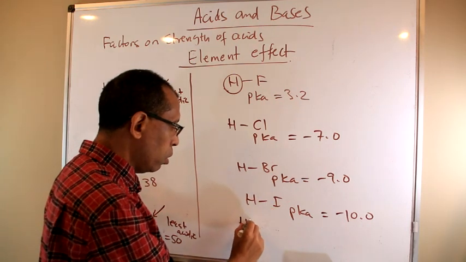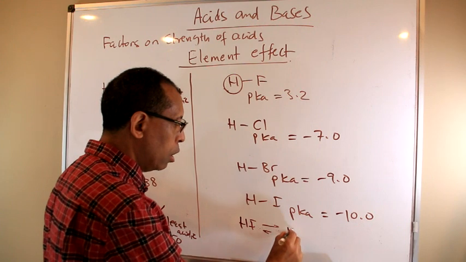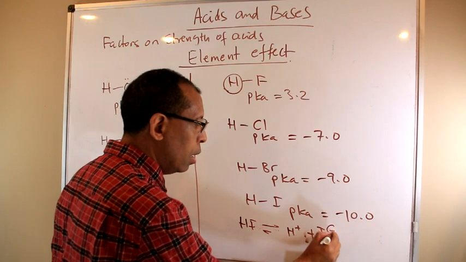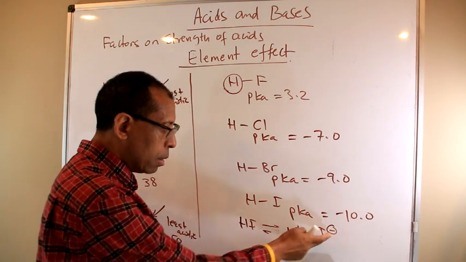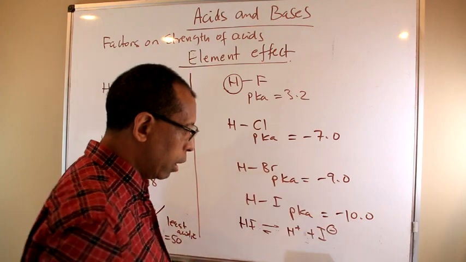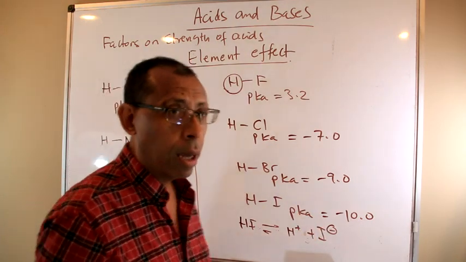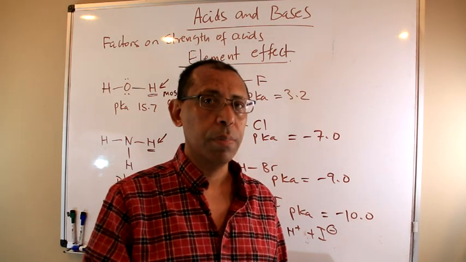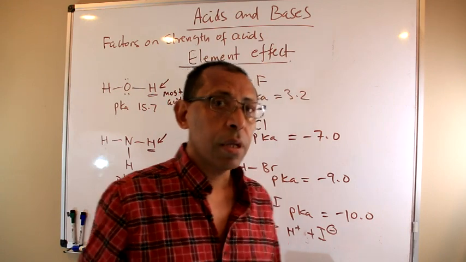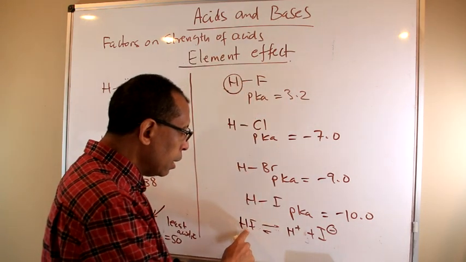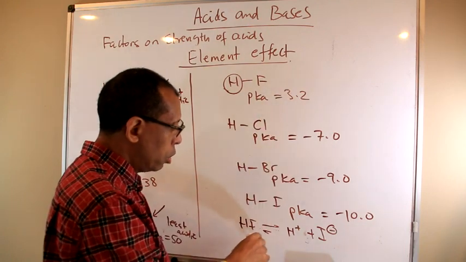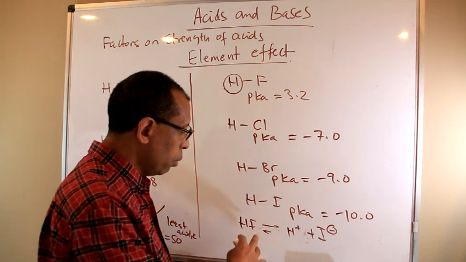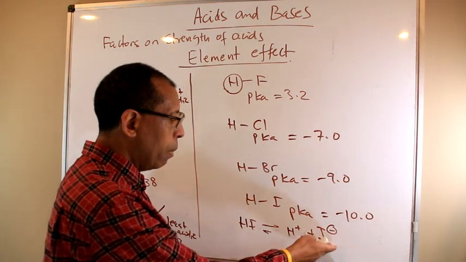So if HI dissociates, it would be H plus and I minus, the conjugate base. So the conjugate base is I minus, meaning the electrons, the negative charge, are on iodine. That means iodine is a large atom, and the negative charge can be distributed over that large sized atom. In addition to that, the trend would show you the bond distance between hydrogen and iodine, which can easily break into I minus and H plus.